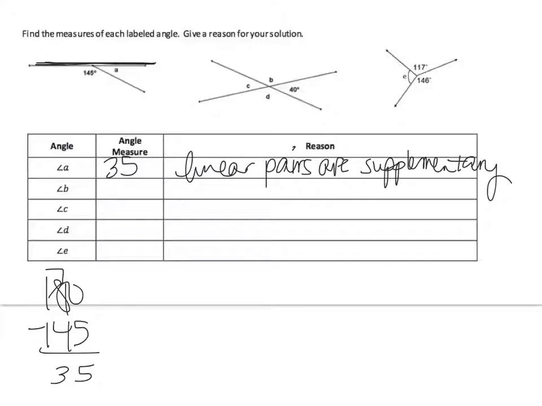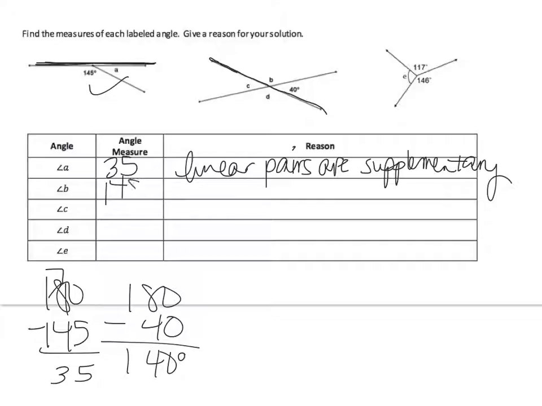Okay, where's angle B? So check mark, angle B. Here I have another linear pair. So 180 minus 40 is 140. Now angle C. Angle C looks to be vertical from angle B's neighbor, so 40 degrees.